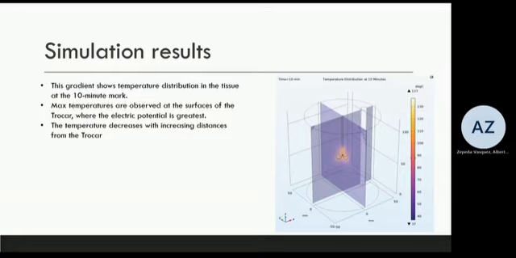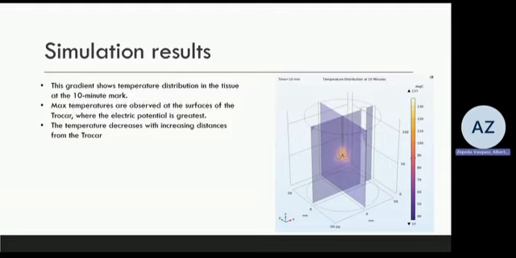Now that we have talked about the assumptions and parameters taken into consideration for our model, let's dive into the results. The illustration to the right shows the temperature distribution at 10 minutes after inducing a voltage of 30 volts to the system. The temperature ranges can be seen in the bar to the right, where the temperature indices are shown in degrees Celsius.